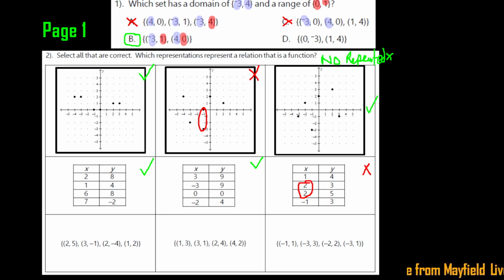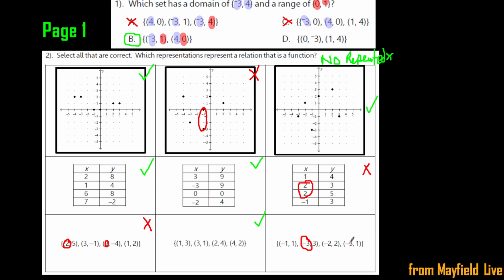And for the set of ordered pairs, same idea. Let's see if we have 2 ordered pairs that have a 2 in it, so it can't be that one. Second one looks good, and we have 2 values with a -3 in it.